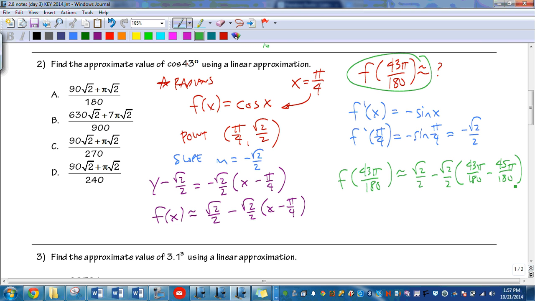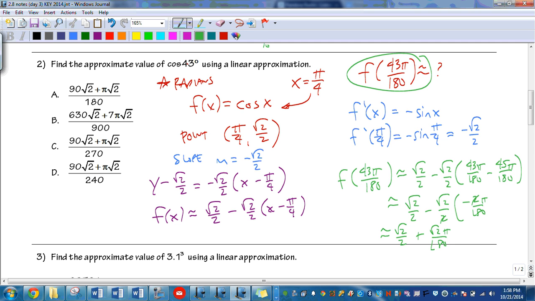Remember, it's 45 degrees, so we can convert it this way. This was just simplified. So when we subtract those, inside here we're going to get negative 2 pi over 180. So we're left with square root of 2 over 2 plus, the negative times the negative. These 2's can cancel out. We have square root of 2 pi over 180.